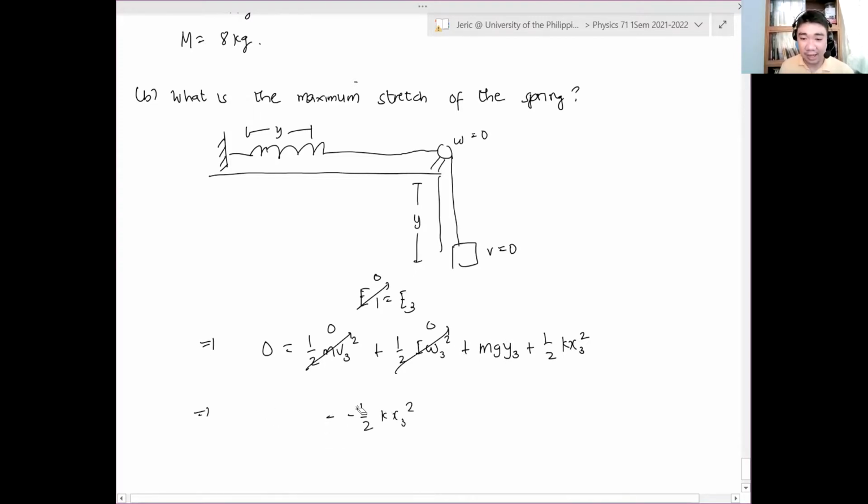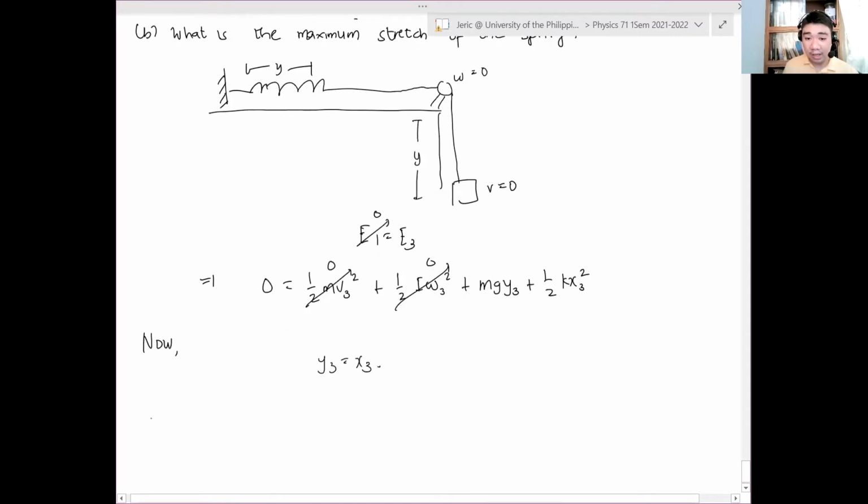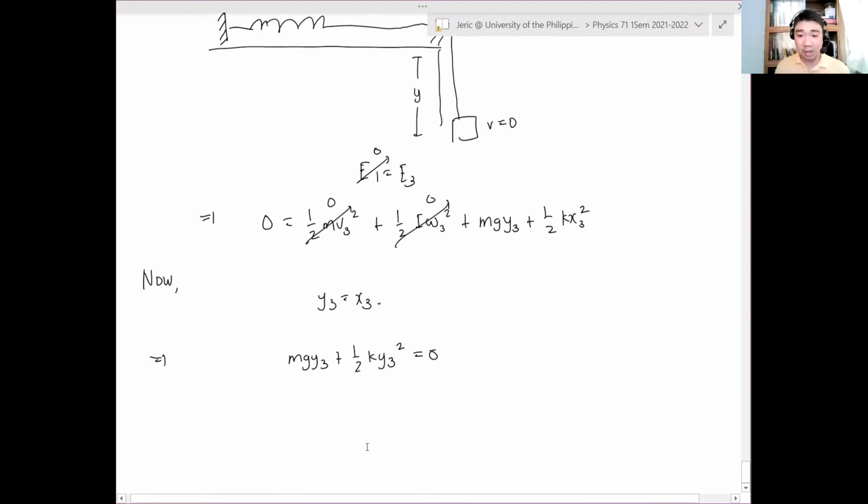Okay, instead of writing it that way, I'll just retain this expression here. Now, we know that the stretch of the spring is equal to the total height reached by the box. So y3 is equal to x3, and we have mg y3 plus 1/2 k y3 squared equals 0. So we can solve this quadratic equation.